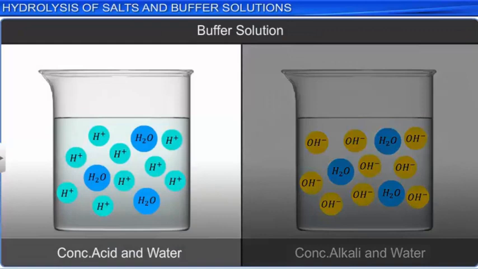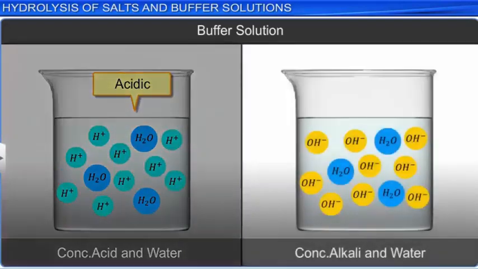The addition of 1 drop of concentrated acid to 1 liter of water increases the H+ ion concentration and makes it appreciably acidic. Similarly, the addition of a drop of concentrated alkali increases the OH- ion concentration and makes it basic.